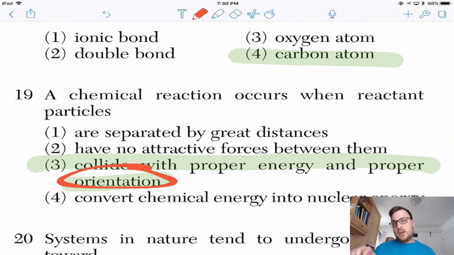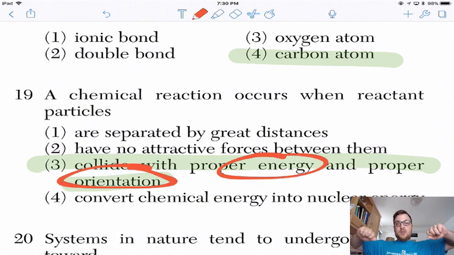Similarly, if you're very lazy about it and you try to slowly push the keys into the ignition, it's not going to start. You're not even going to get the keys in. If you try to turn it really weakly, it's not going to start the car. So that's what we mean by proper energy. The molecules can collide with the right orientation, but if they're moving too slow, they'll just bounce off each other and do nothing.